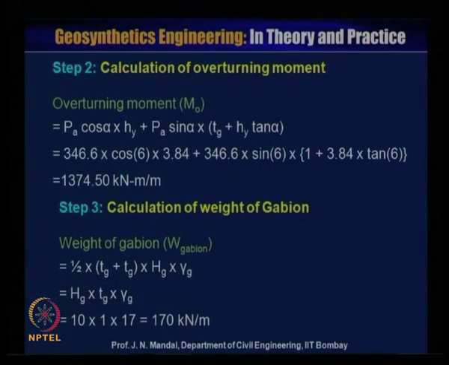Now step 2, calculation of overturning moment. This equation we have already shown earlier: Pa cos alpha into Hy plus Pa sin alpha into Tg plus Hy into tan alpha.